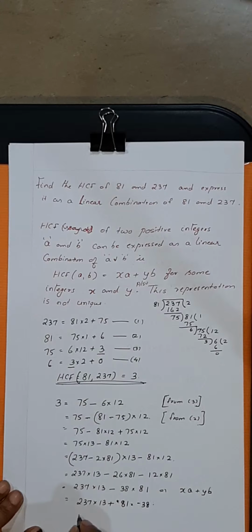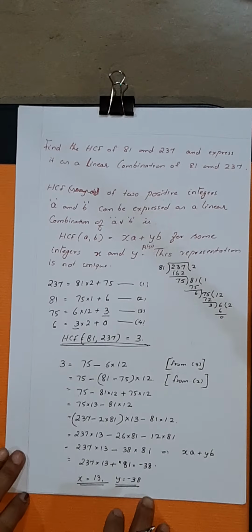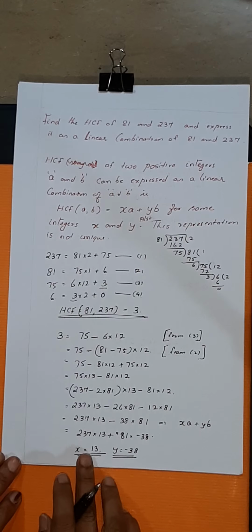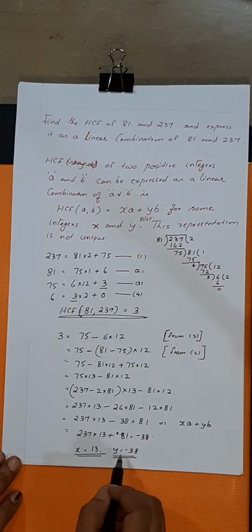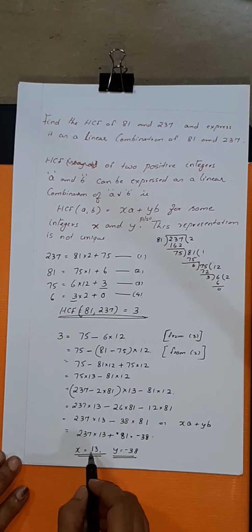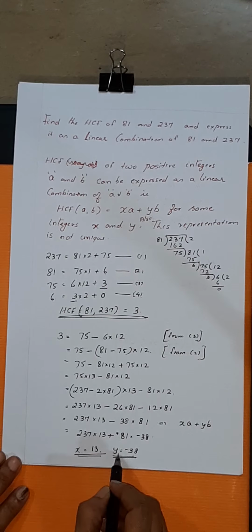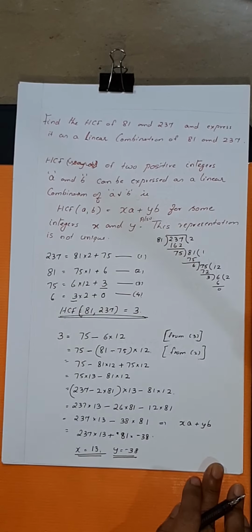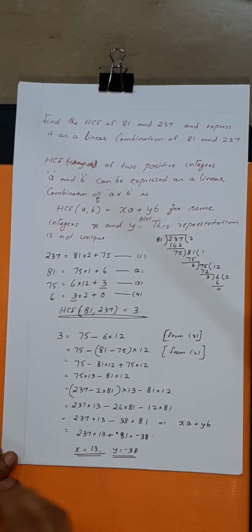So here the value of x is equal to 13 and y is equal to minus 38. Now this value of x and y is not unique. You can have another value of x and a corresponding value of y. But that is not in the scope of your NCERT syllabus, so I am not teaching that.